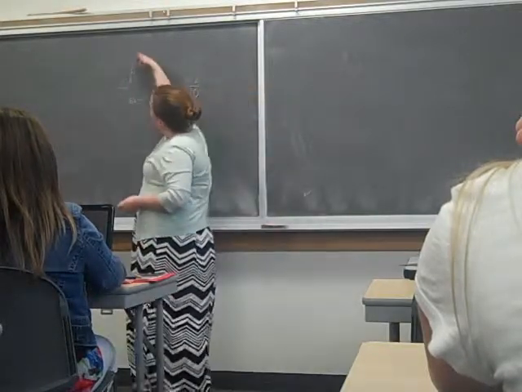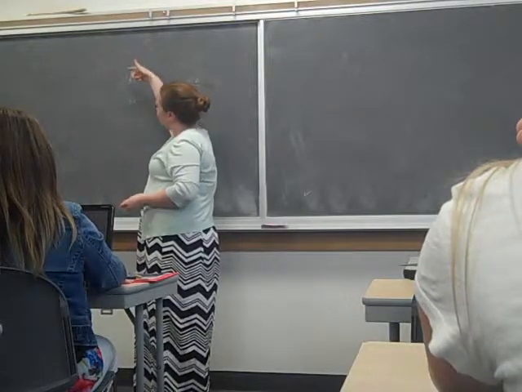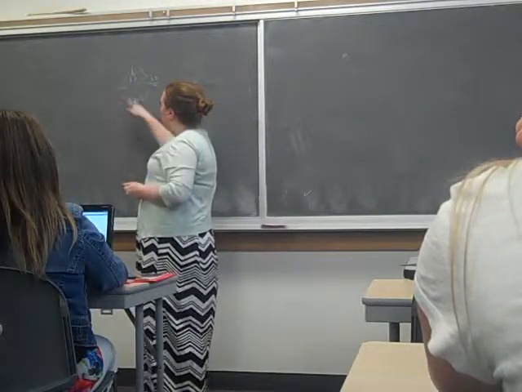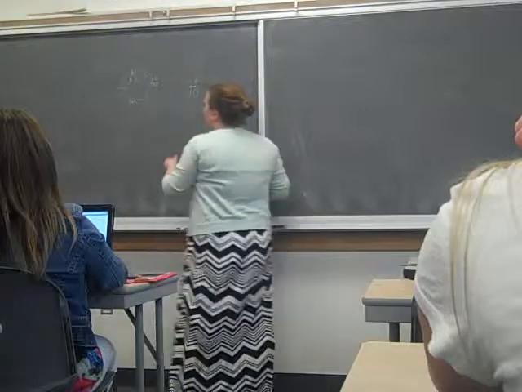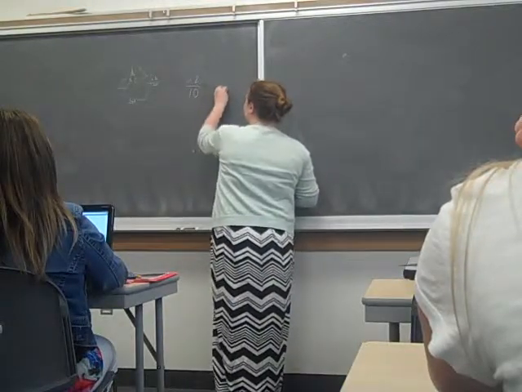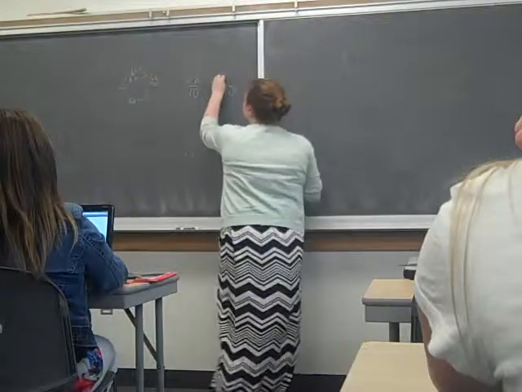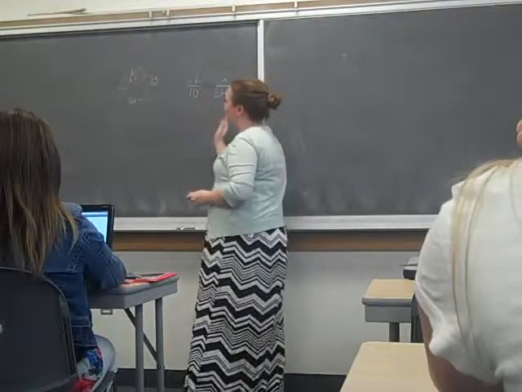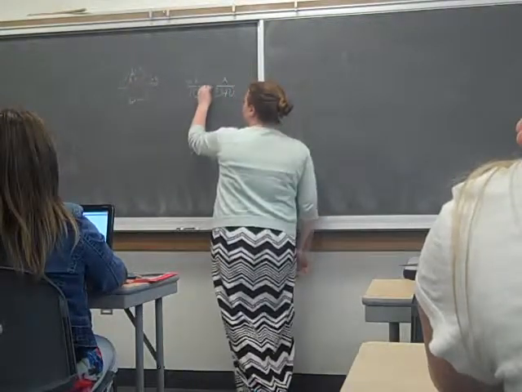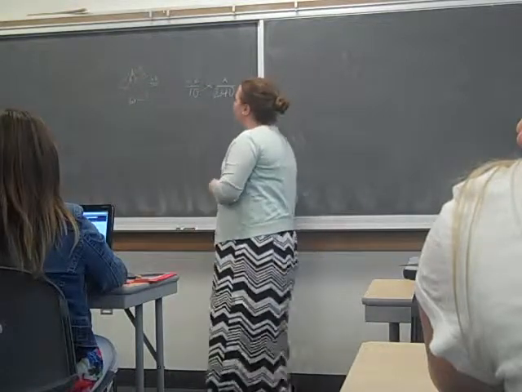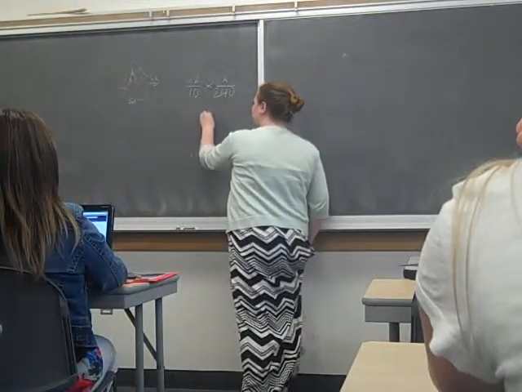And then from the height of the pyramid out to the end of the shadow is 240. And we don't know what this height is. Then I cross multiplied. I got 148.